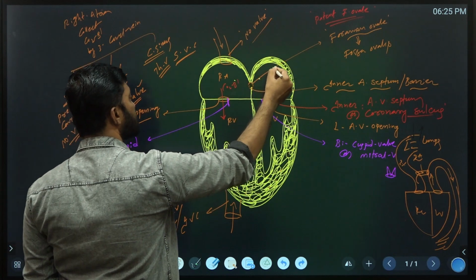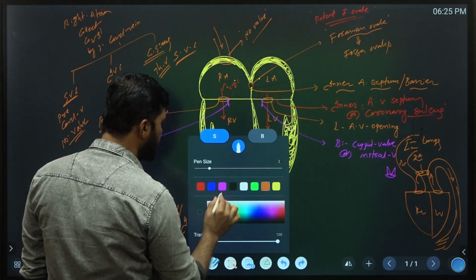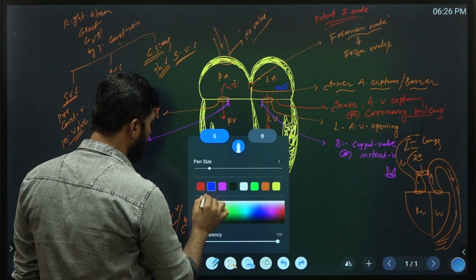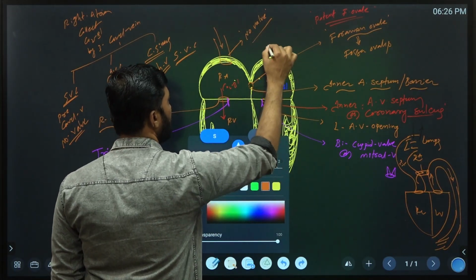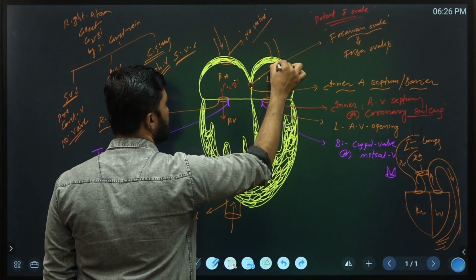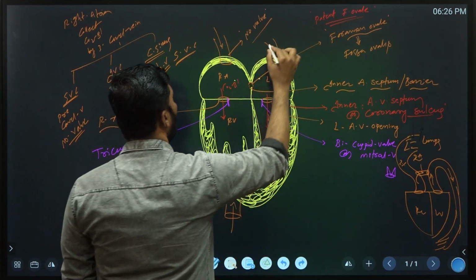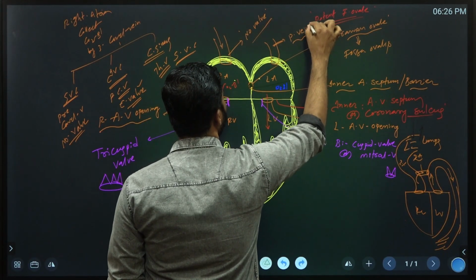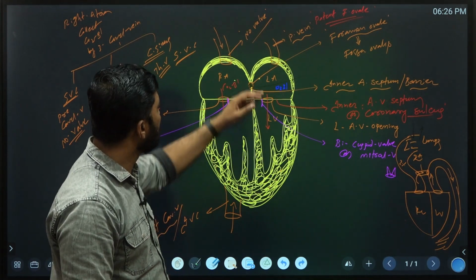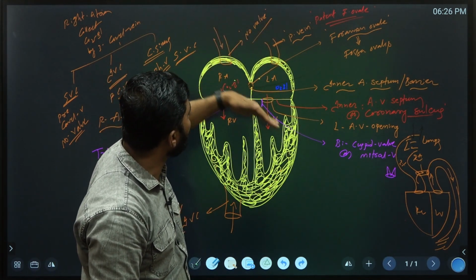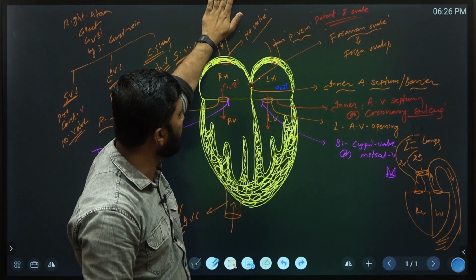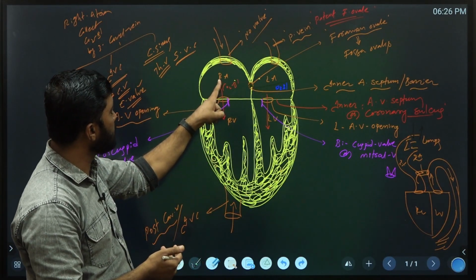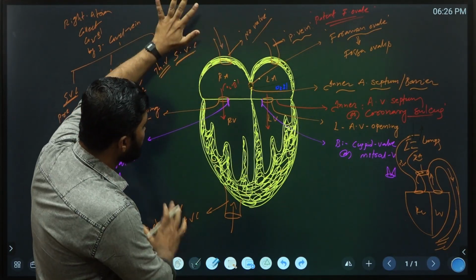Next, the left atrium. The left atrium collects oxygenated blood from the lungs by the ducts called pulmonary veins. Pulmonary veins collect oxygenated blood from the lungs and carry it forward to the left atrium, whereas the right atrium collects deoxygenated blood from different body parts.